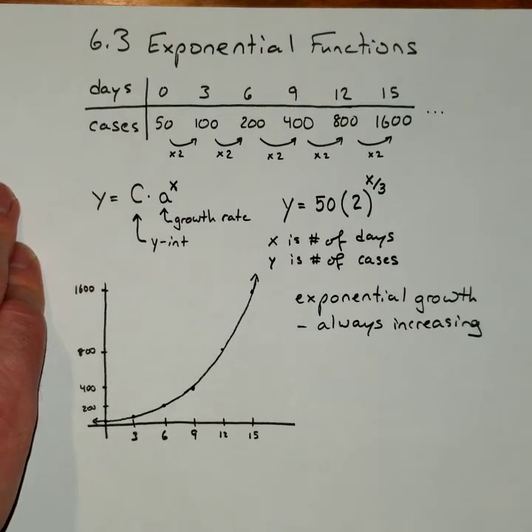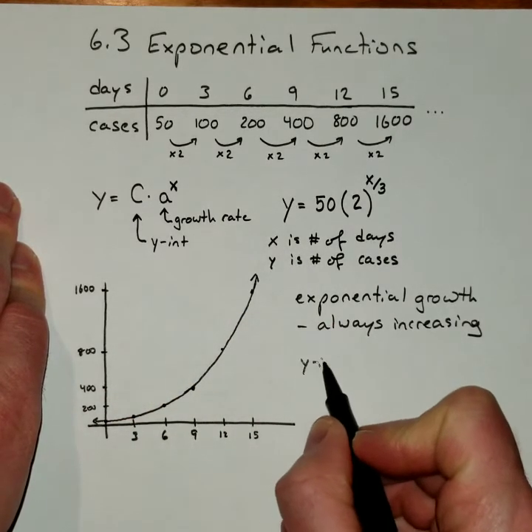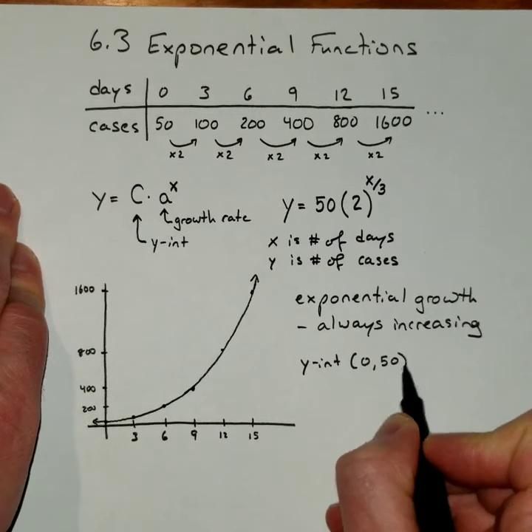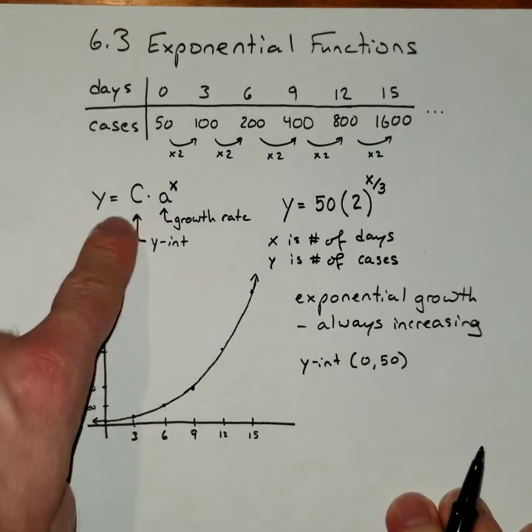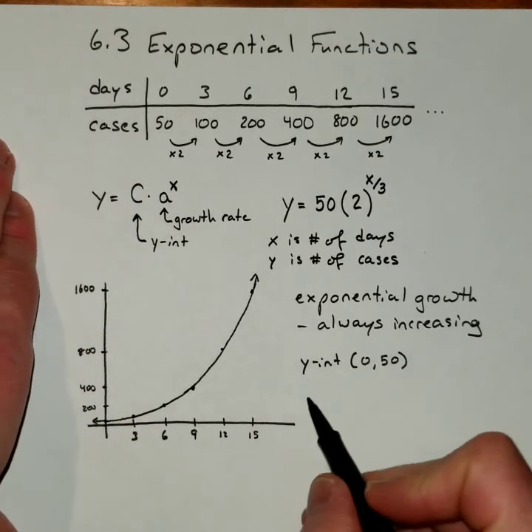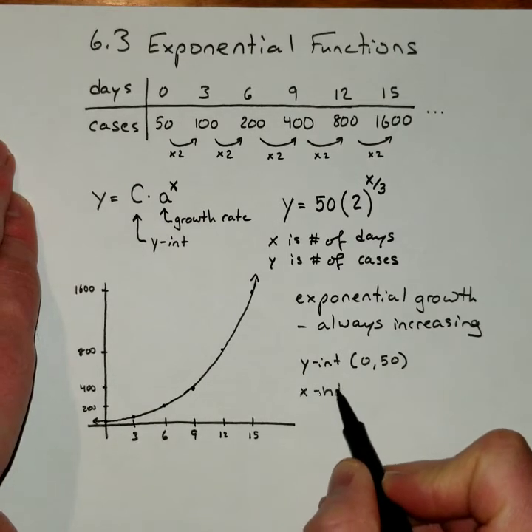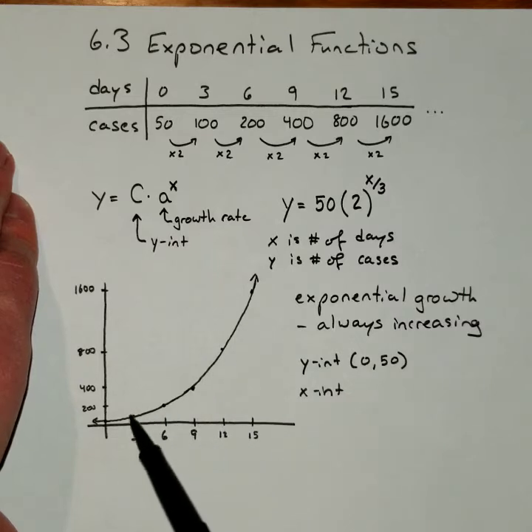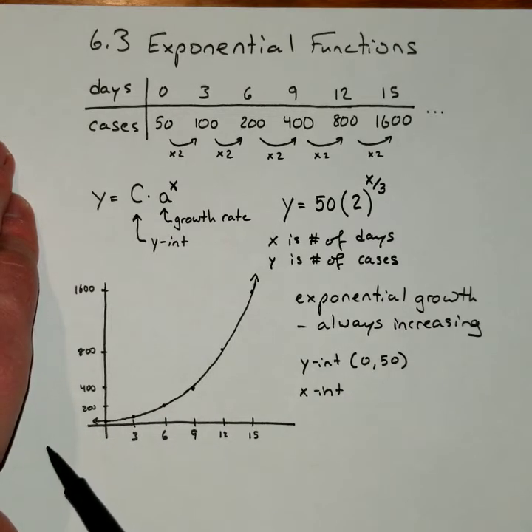And some interesting features of this graph. First of all, we know the y-intercept is at 50, right? So the y-intercept is at (0, 50), or generally speaking (0, c). Okay, the x-intercept. Well, we talked about this a couple videos ago, the fact that this thing gets close to the x-axis but never actually hits it.